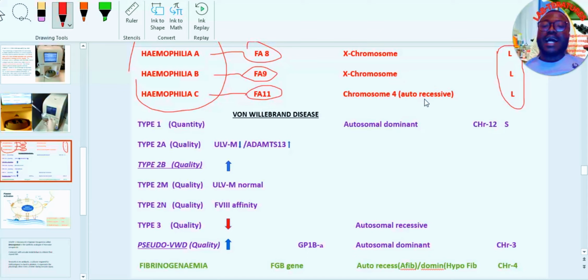I'm going to explain allele, spelled A-L-L-E-L-E. If you have two variants of the same gene, we say they are alleles. For instance, we can have a black eye color, we can have a blue eye color.